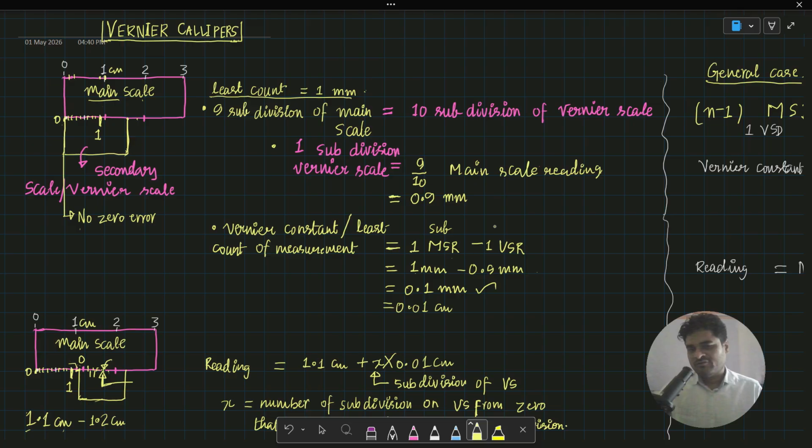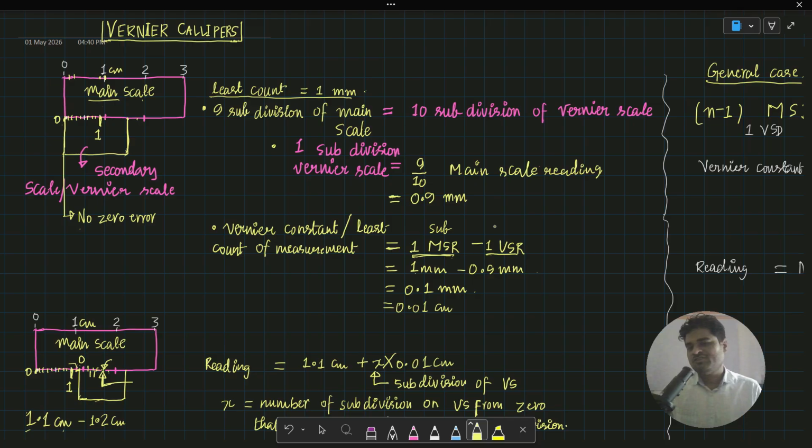So we get a quantity called Vernier constant, or the least count of the measurement from this Vernier scale, defined as 1 main scale subdivision minus 1 Vernier scale subdivision. The difference becomes 1 millimeter minus 0.9 millimeter, which gives 0.1 millimeter.